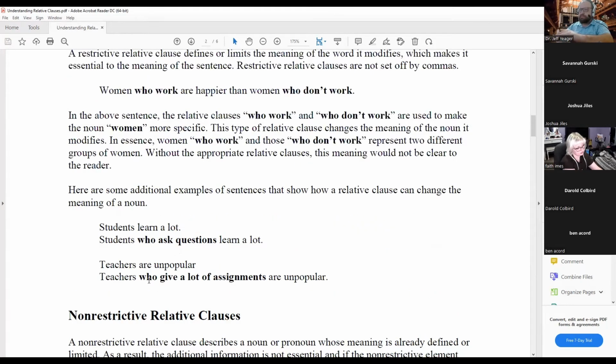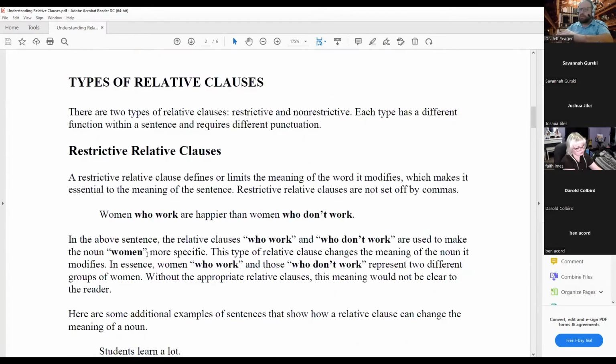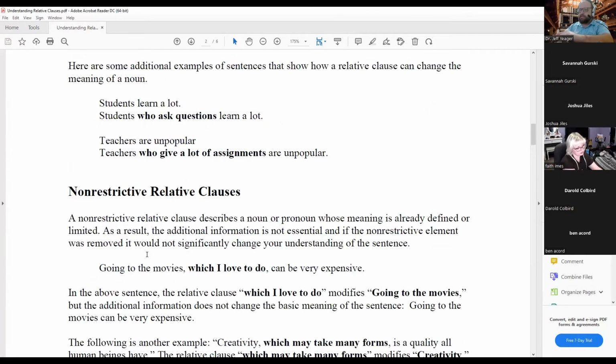Now, when you have a sentence where the meaning can remain the same, that is when you use commas. And oftentimes the main difference to know is if it's essential to the meaning of a sentence or if it's not essential to the meaning of a sentence.